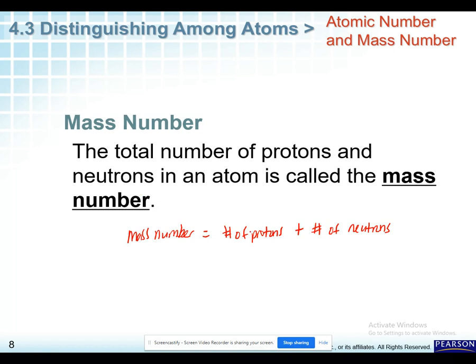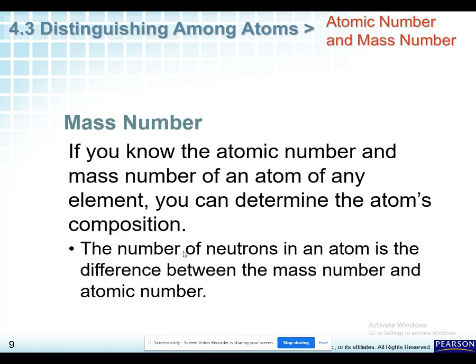So both of them added together gives you your mass number. So if you know the atomic number and the mass number, usually you can determine the atom's composition because it lets you find that last subatomic particle, which is the number of neutrons. So the number of neutrons in an atom is the difference between mass number and atomic number.